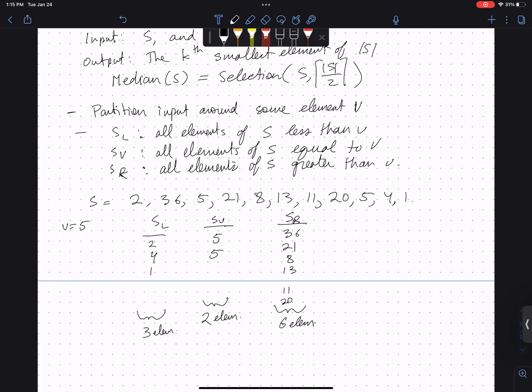Because SL has 3 elements, and these are the 3 smallest elements. So if I'm looking for the 4th smallest, I can just ignore SL, and it will be the 1st element in the SV bucket.